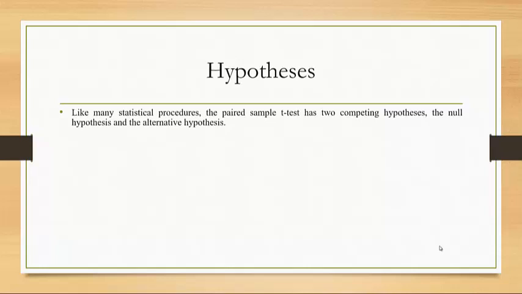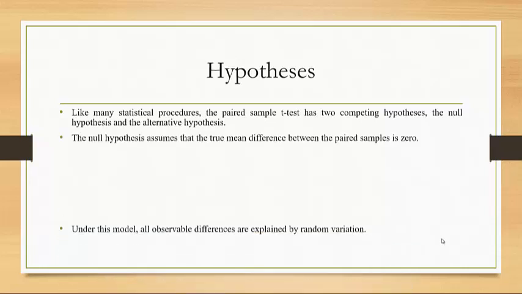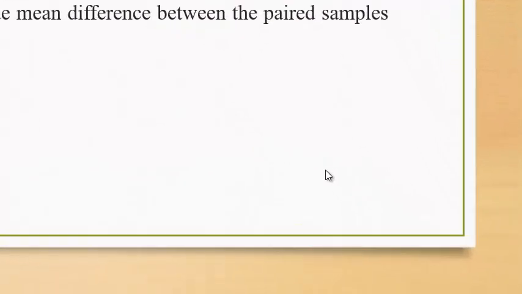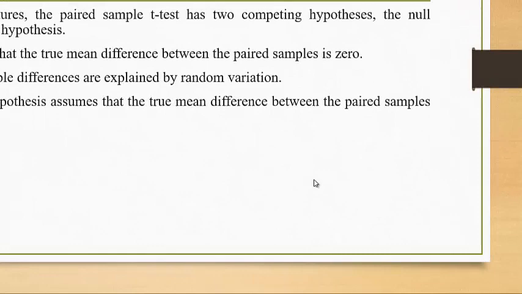Like many statistical procedures, the paired sample t-test has two competing hypotheses, null hypothesis and alternative hypothesis. The null hypothesis assumes that the true mean difference between the paired samples is zero. Also under this model, all observable differences are explained by random variation. Viewers, conversely, the alternative hypothesis assumes that the true mean difference between the paired samples is not equal to zero.